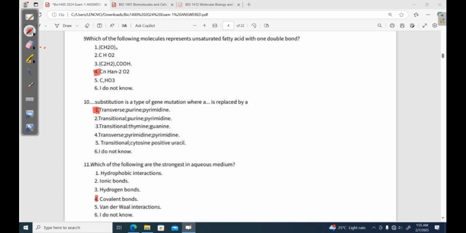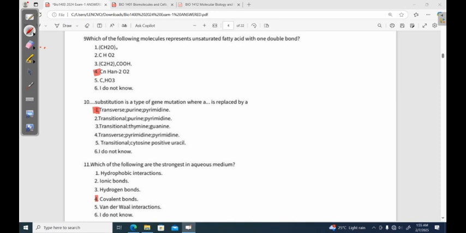It's a type of gene mutation where a purine is replaced by a pyrimidine. You know that purines have 2 rings, pyrimidines have 1 ring. So what happens is that this purine is going to be replaced by a pyrimidine. So this is one of the types of mutations that are found.